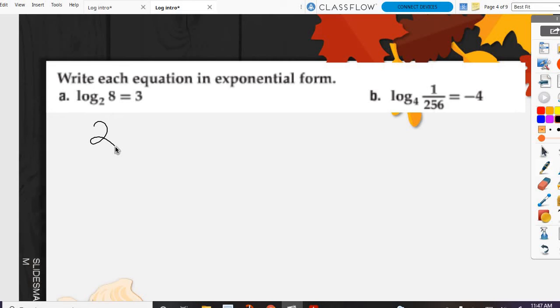And we said that logarithms equal exponents. So it'd be 2 cubed. If my logarithm equals an exponent, my 3 is my exponent, and it's going to equal whatever's on the inside, which is 8. So we have a true statement there because 2 to the third equals 8.